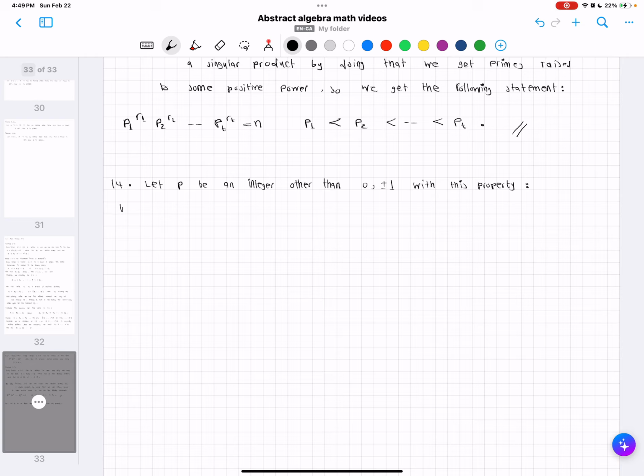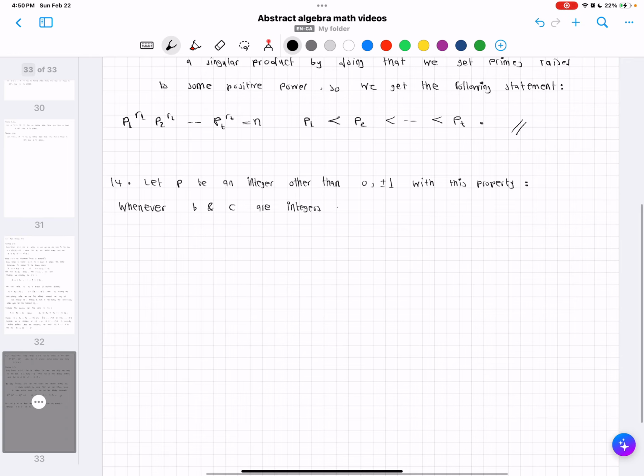Whenever B and C are integers such that P divides BC, then P divides B or P divides C. Prove that P is prime.